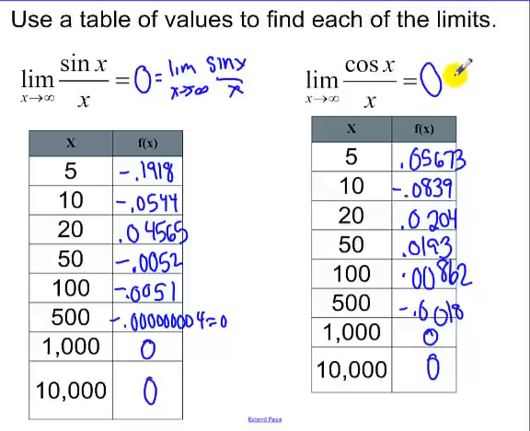And the same thing also holds true for cosine. The negative infinity limit is also 0. So keep these infinite limits in mind.